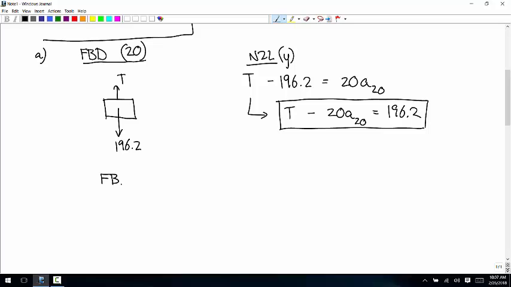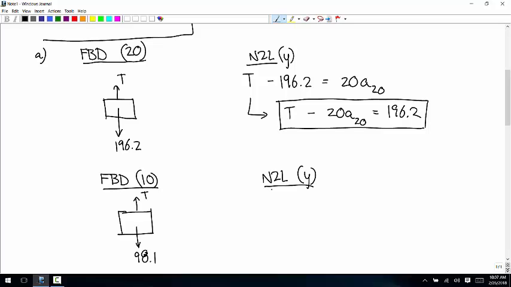And then a free body diagram of the 10 kilogram. There's the weight, 98.1, and the cable force, T. The y component of Newton's second law says T minus 98.1 is equal to 10 times A10.